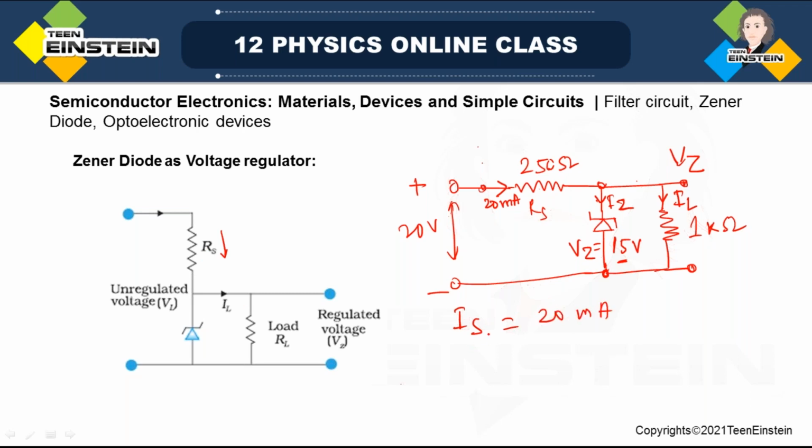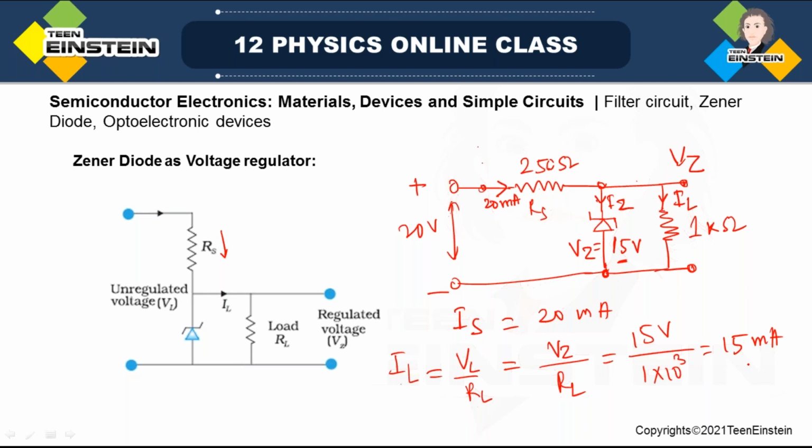We know the voltage VL across this load resistor will be Vz. To get the current through the load resistor, IL is equal to VL by RL. RL is 1 kilo ohm, and VL means Vz, which is 15 volt, divided by 1 kilo ohm, that is 10 to the power 3. So you get 15 milliampere current.